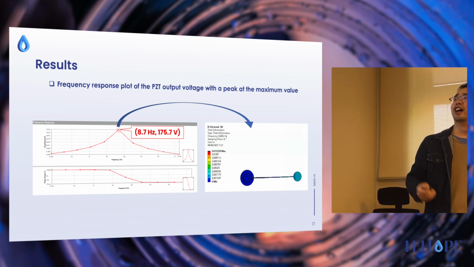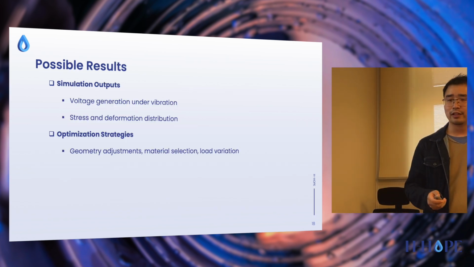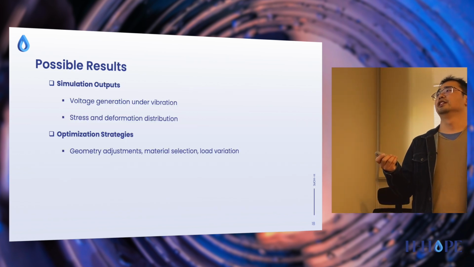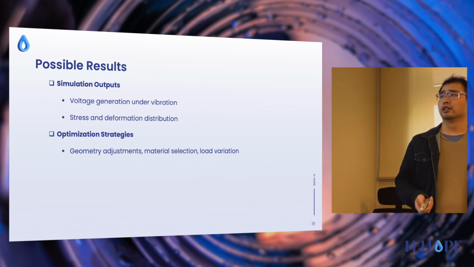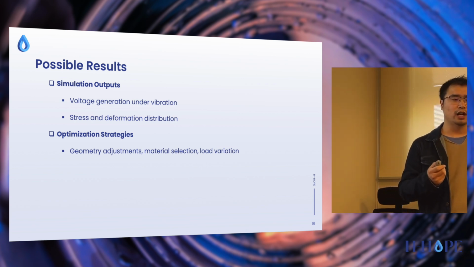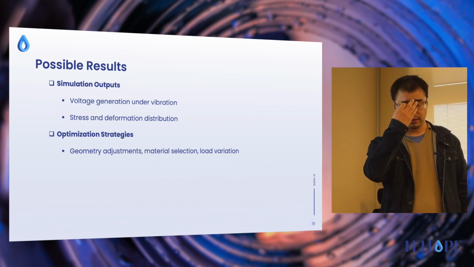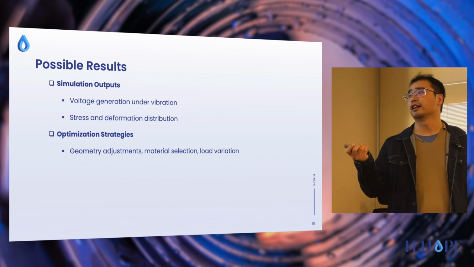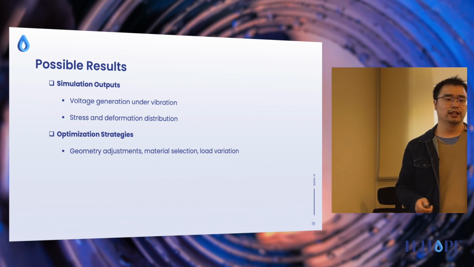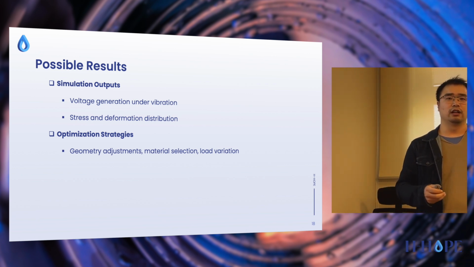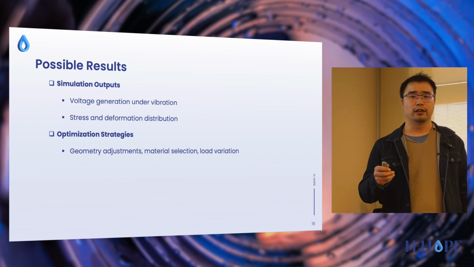With FEM, we can do the following things. We can obtain the output voltage on the oscillation rod, as we have shown previously, and we can obtain the strain and the deformation alongside the flat beam.